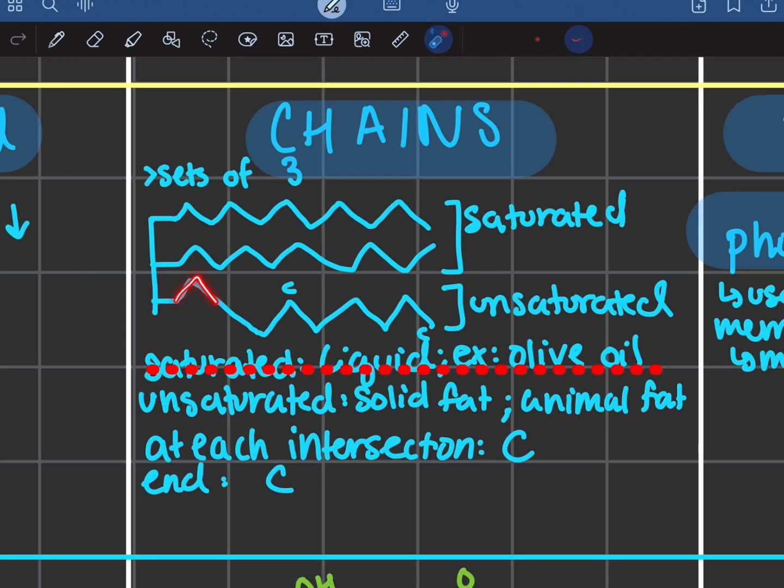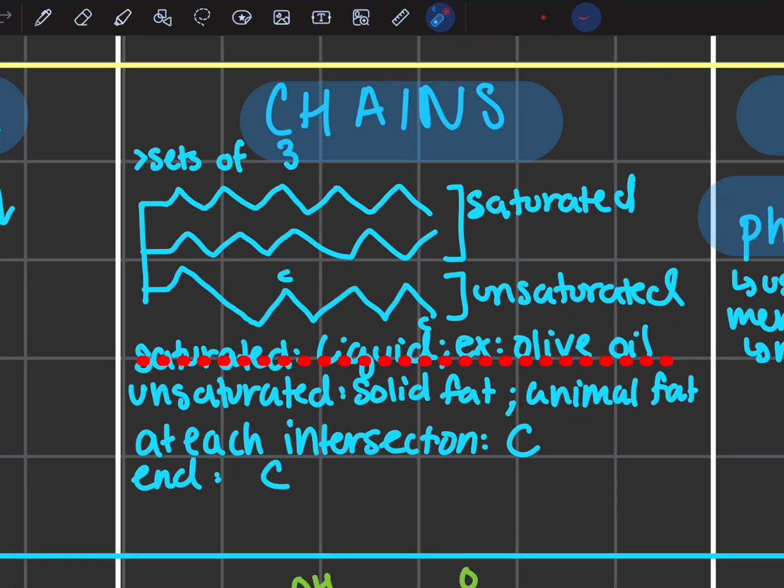Usually it's supposed to go like this and continue on, but this one skips one and keeps going on. This is unsaturated. So the saturated chains are solid fats like animal fat, something that stays solid at room temperature, and the unsaturated chains are liquid lipids like olive oil. Each intersection, like the carbs above, has a carbon at every point.